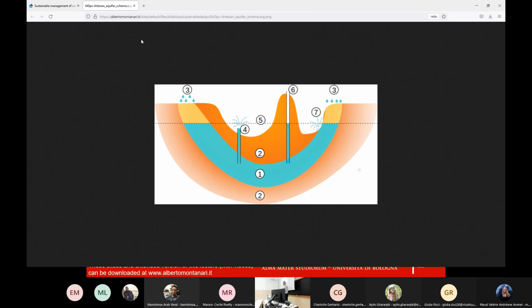And you can understand that if you have infiltration from the mountains through the permeable layer, which is carved, then when you get to the valley bottom, the water is under pressure, because you have the weight of the water up here on the left and the right that pushes the water that is in the valley bottoms against the upper layer.